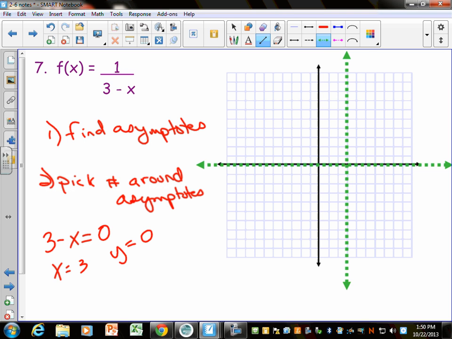They kind of cut your graph into pieces, and we know it's those L shapes. We just have to figure out where they are. So that's why I say start with your asymptote and pick a number on either side. You can pick a couple numbers if you want, but usually one number on either side kind of gives you an idea of where to start, and then your asymptote gives you the boundaries. That's what's next.